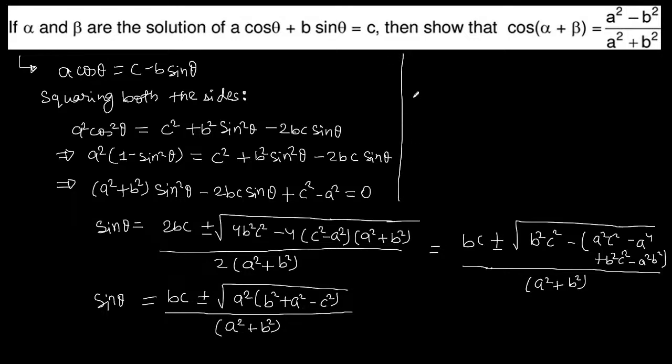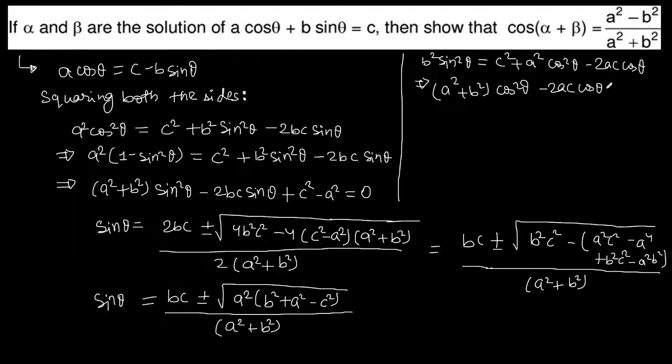Okay, so b square sine square theta is equal to c square minus a square cos square theta minus 2ac cos theta. So we will get simply a square plus b square cos square theta minus 2ac cos theta plus c square minus b square equal to 0.